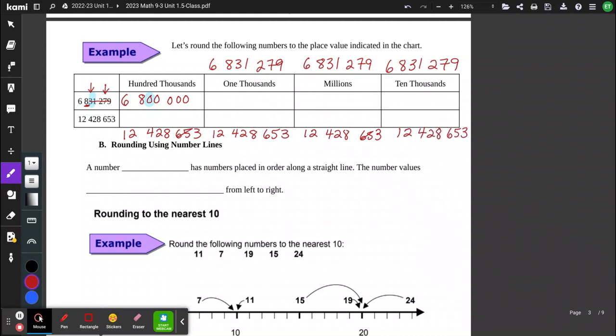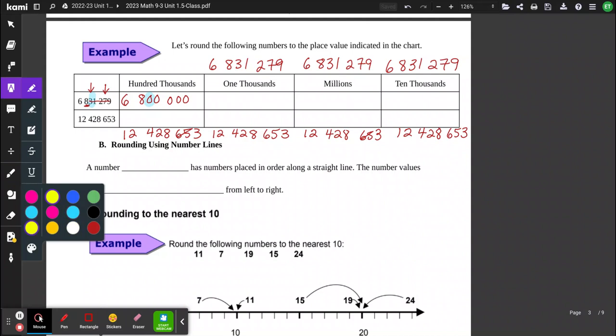Okay. Now I'm going to look at the original number, right above where it says 1000. If I'm looking at the 1000 spot, the 1000 spot is my number 1. You need to look at the number after it. What does the 2 tell the 1 to do? Stay the same or add 1?